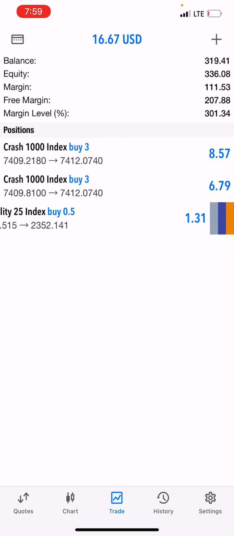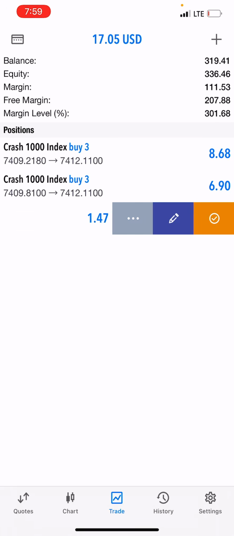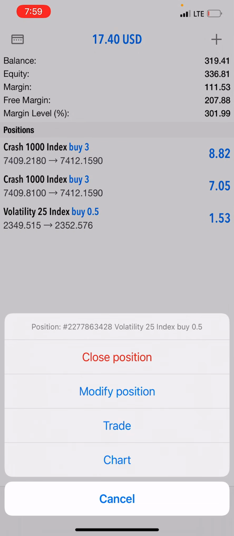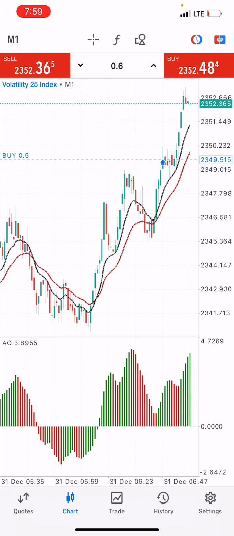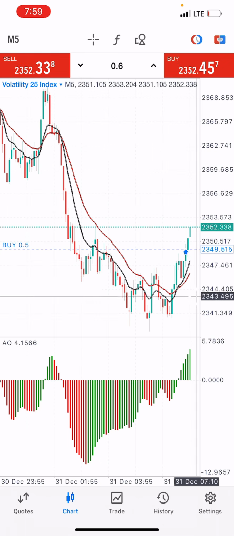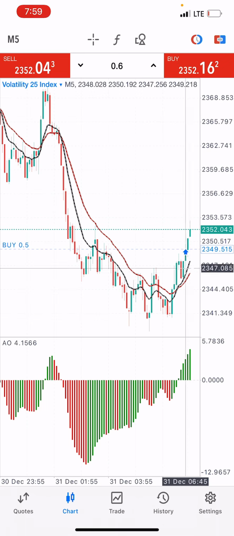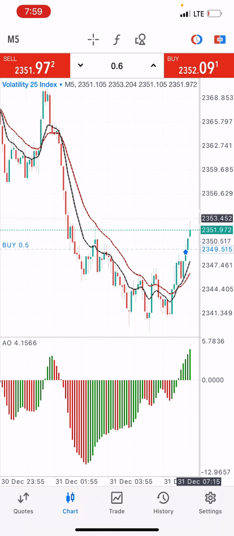Okay, I'm still holding on to the volatility 25 index position that I opened with the powerful strategy. Look, I got a buy signal. Look, it's a buy. Why did I place the buy? It's what I'm going to show you, how you can also use this strategy and make money for yourself.